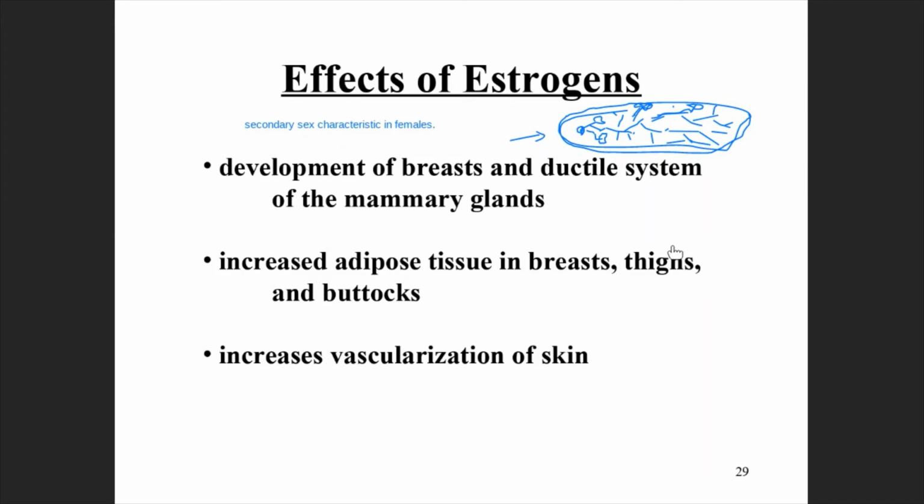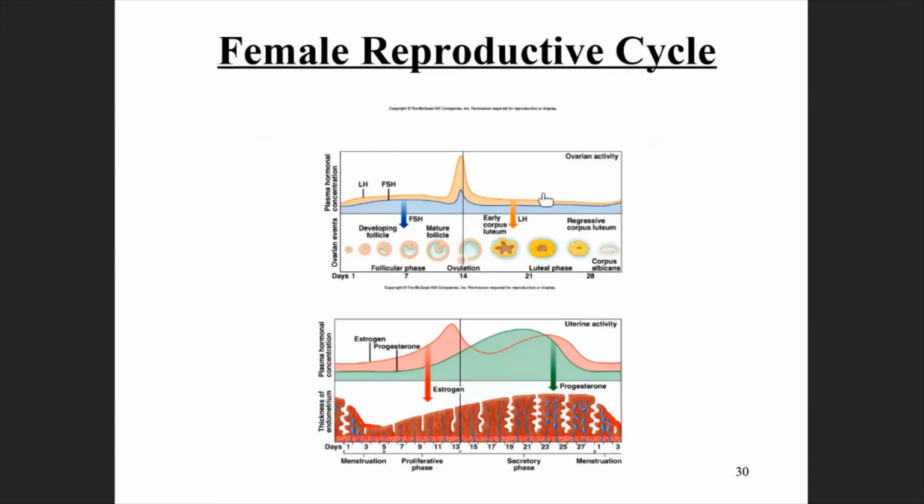Now, one of the difficulties a lot of students have in understanding the female reproductive system is examining the hormonal level within the female cycle. Essentially, what this shows you is two events that are occurring.